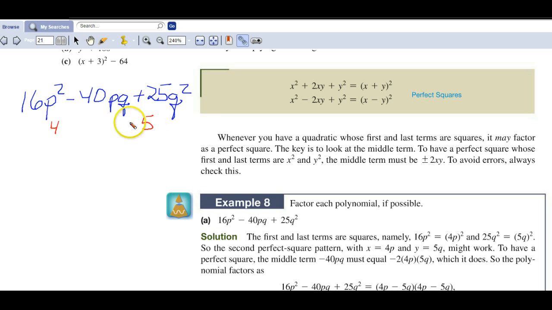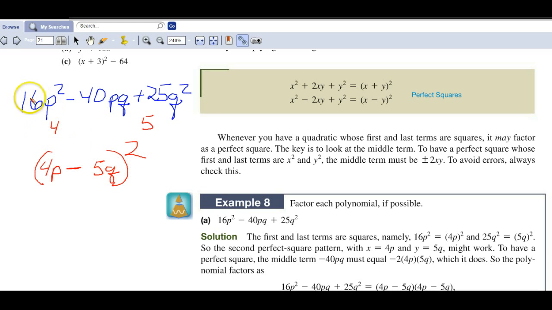Double it, 40. So this is a perfect square trinomial. So we'll set it up like so. You're going to take the square root of that, which is 4p, the square root of that, which is 5q, and whatever the middle sign is, that's the sign you use there. And that is the answer.